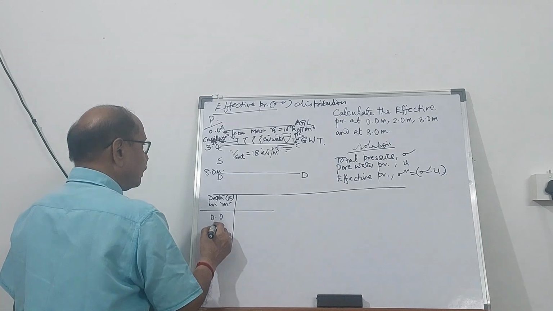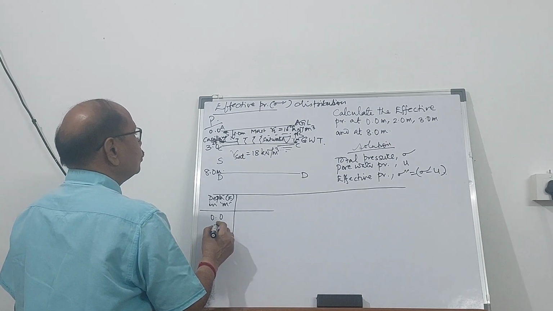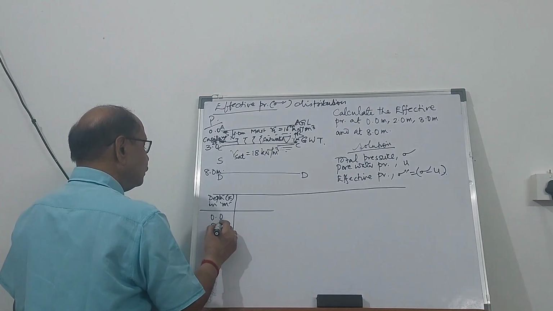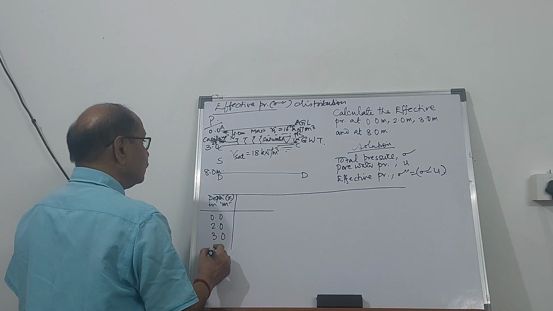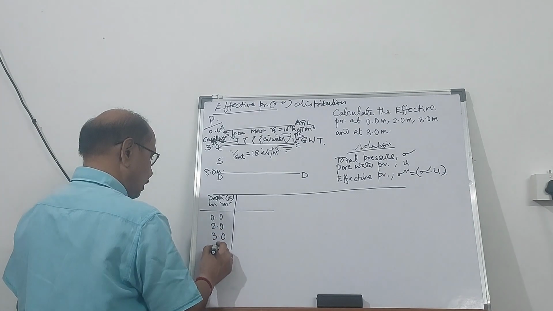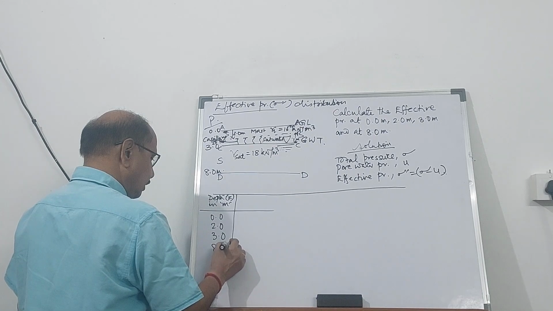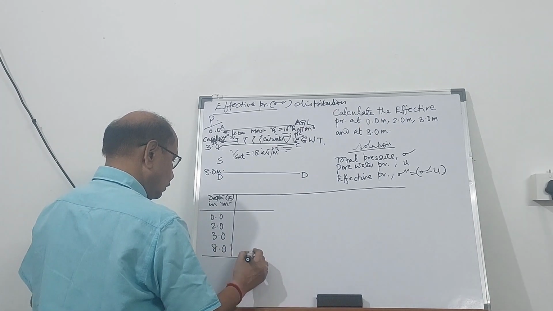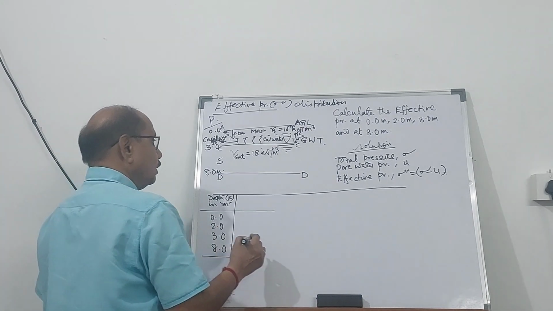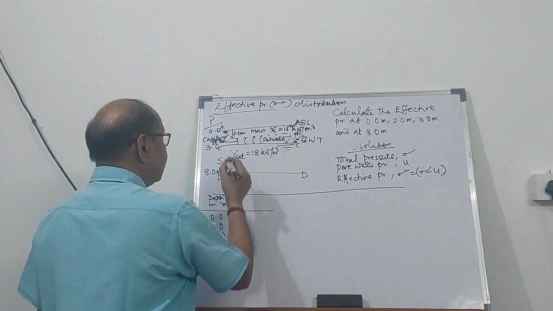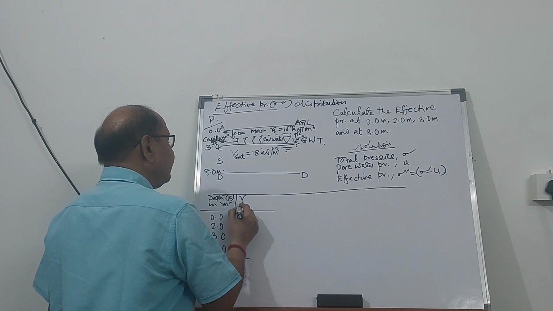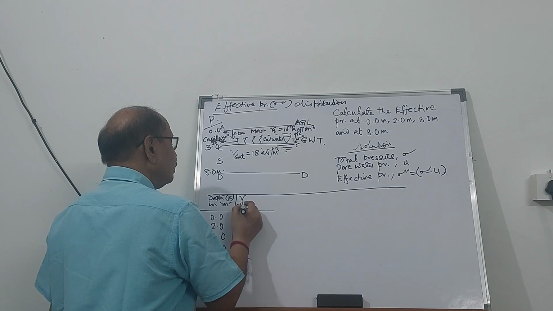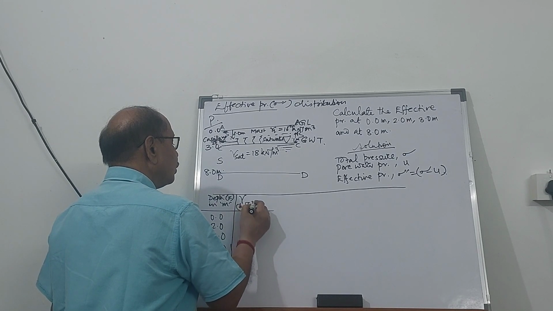Then you are going at 2 meter, then at 3 meter, and then at 8 meter. Then what is the value of gamma, the unit weight, in kilonewton per cubic meter?